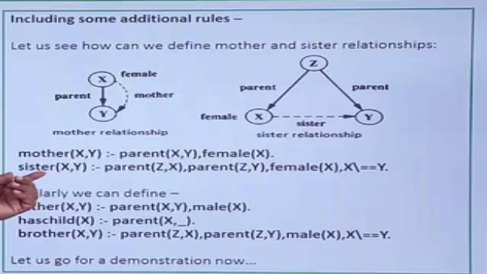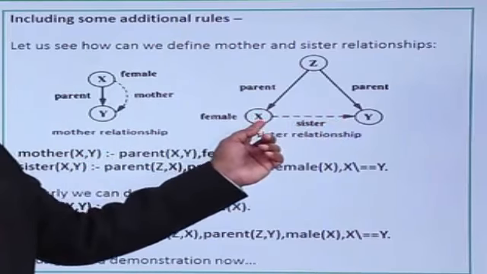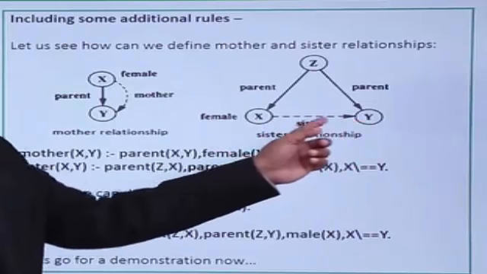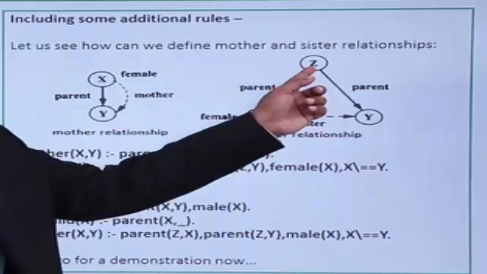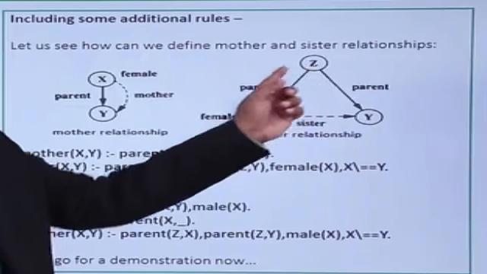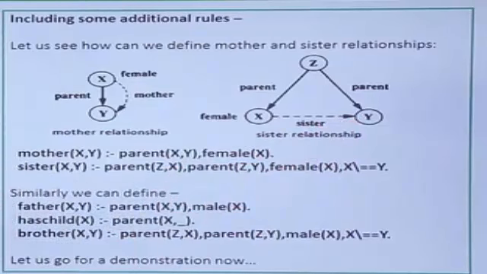So how to define sister? Come to this diagram here. X will be the sister of Y if X and Y have the same parent, let it be Z, also in capital letters, a variable, and X is female. For Y, I need not mention the respective sex. So how to write this in Prolog clauses?